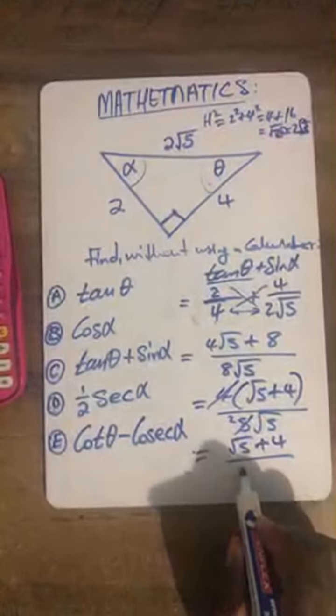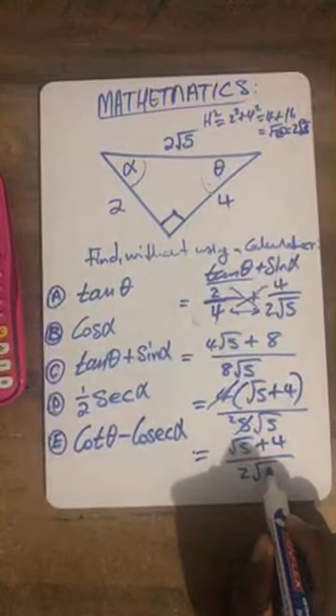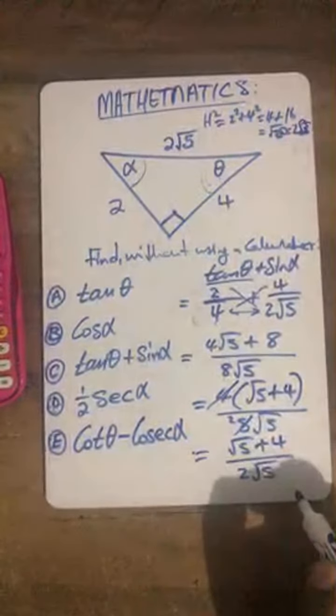That is going to be what? 2 square root of 5.